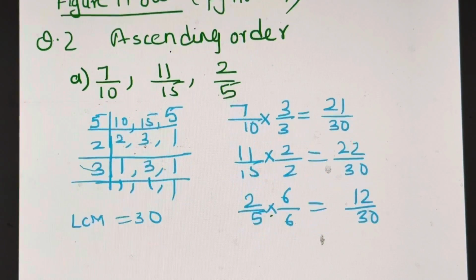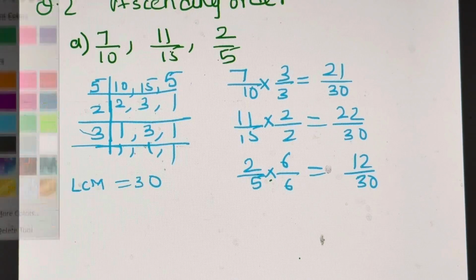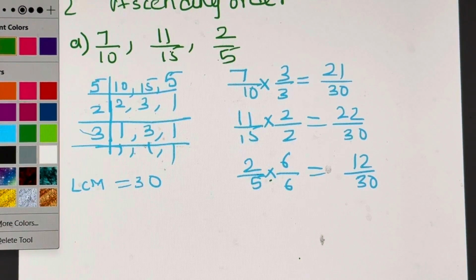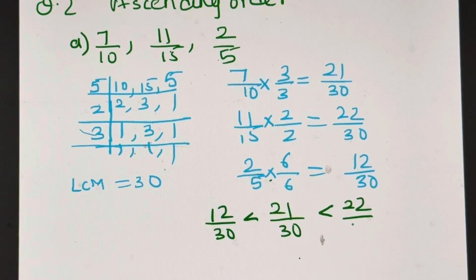You need to write. So in ascending order, first we write the smallest, right? Ascending, you are going from down to up. Fine. So smallest is 12 upon 30, less than 21 upon 30. It is less than 22 upon 30.